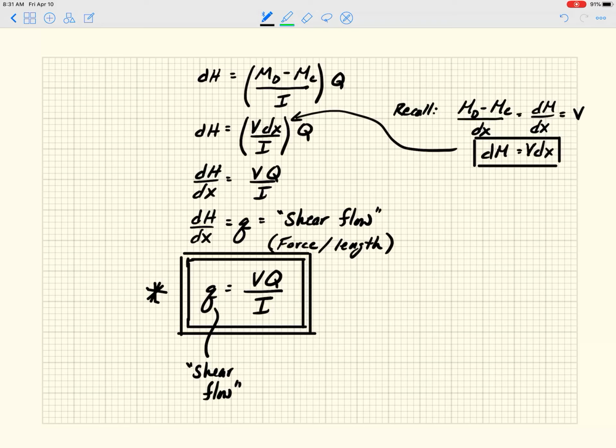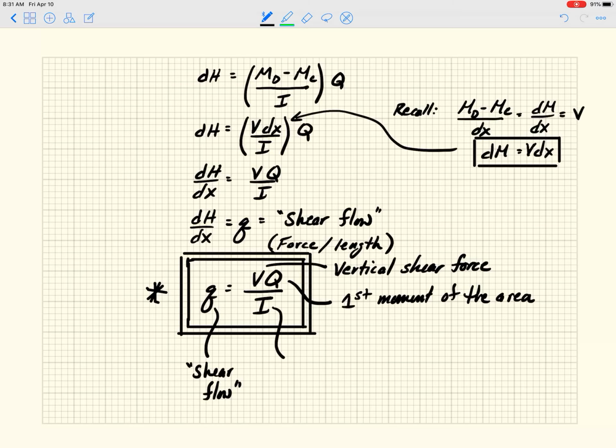V is the vertical shear force, which comes from your moment or shear diagram. Q is the first moment of the area, which is fairly simple to calculate, similar to moment of inertia. And I is the moment of inertia.